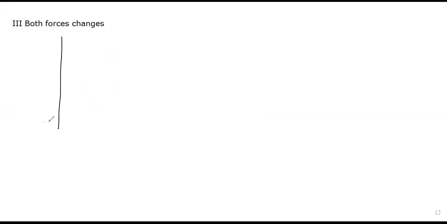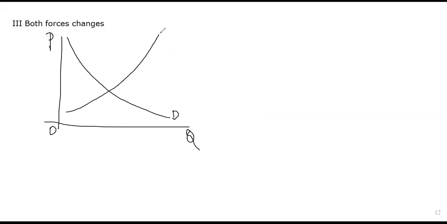So we'll see when both are moving in the same direction, quantity and price. You have the initial demand curve and initial supply curve. At the first level, equilibrium price and equilibrium quantity are determined. Now, demand and supply are moving in the same direction and in the same proportion.